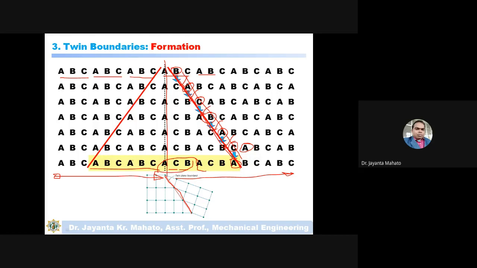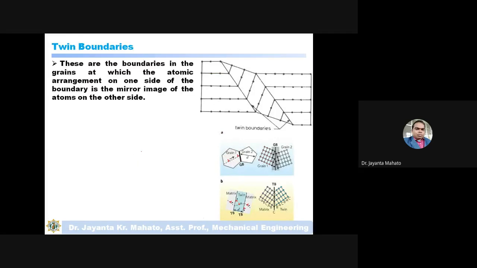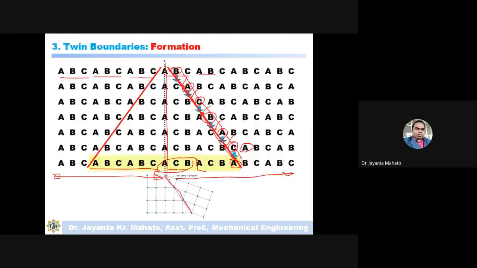These are the boundaries in the grain at which the atomic arrangement on one side of the boundary is the mirror image of the atoms on the other side. So here the atoms on one side are the mirror of the other side.